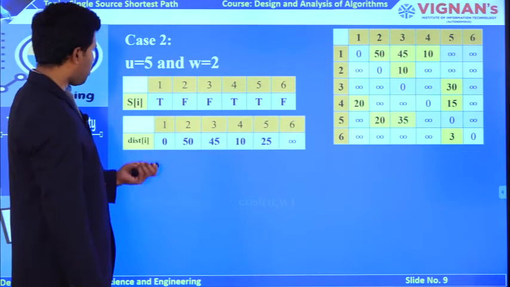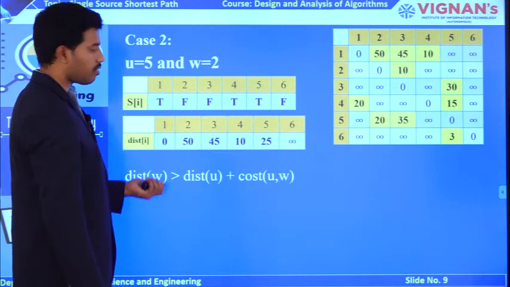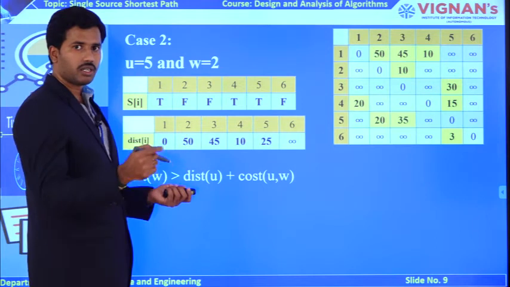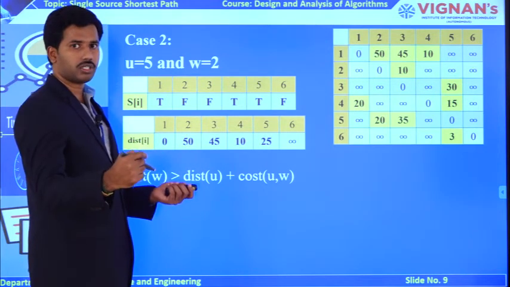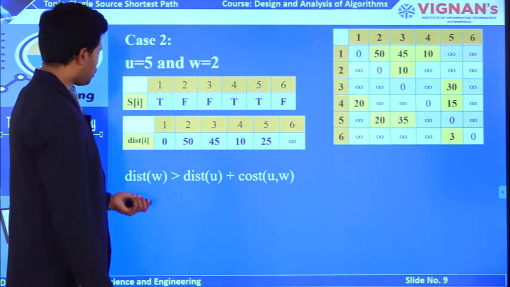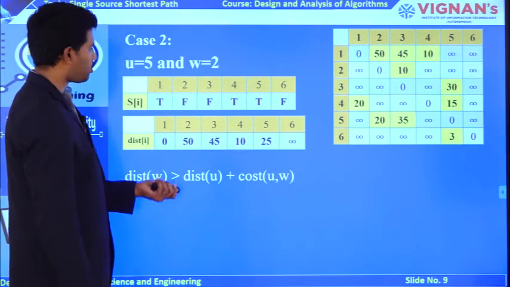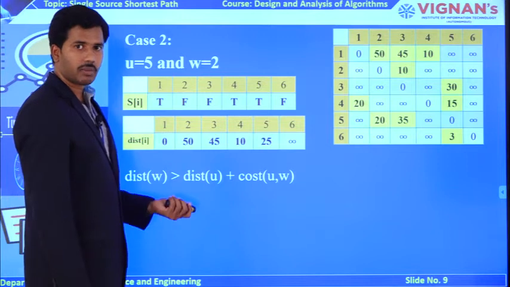With the help of my mathematical formula, I am verifying whether the direct connection or the intermediate path is producing the minimum cost. W is 2 and U is 5. With these values, I go for the mathematical calculation.